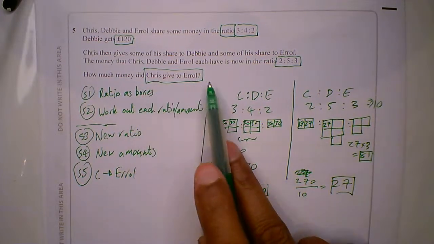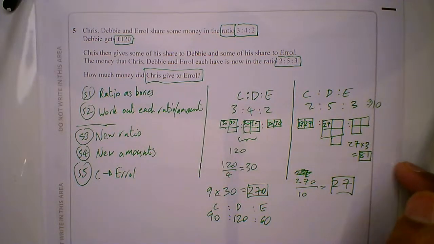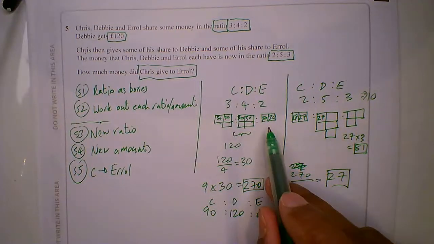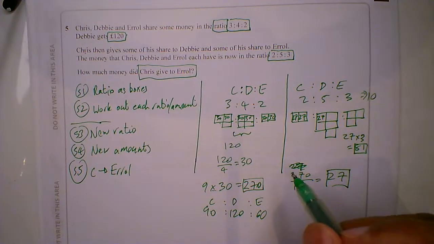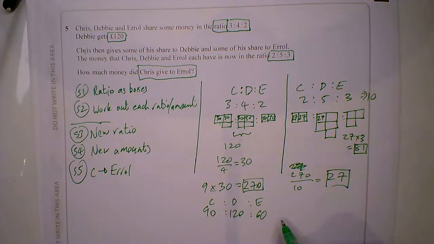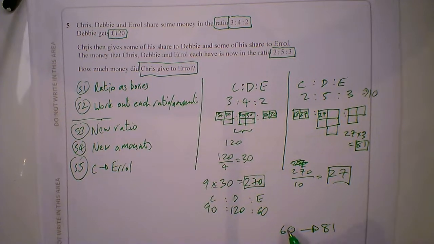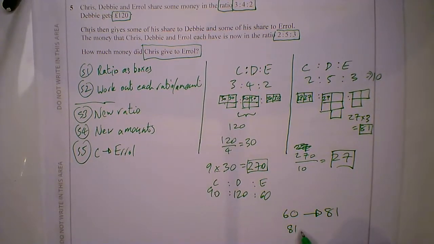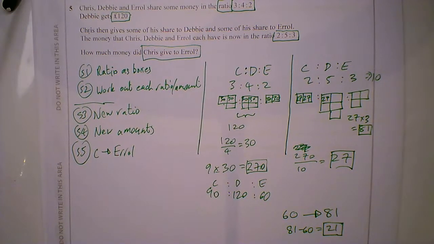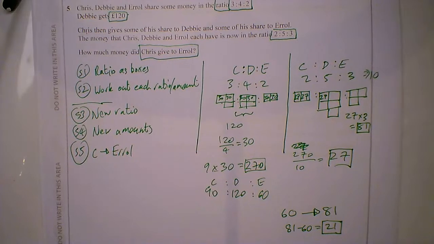So Errol goes from 60 to 81. So this is going to be 81, take away 60, gives us £21. And that is my final answer.